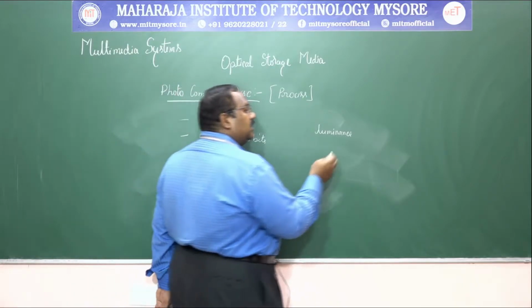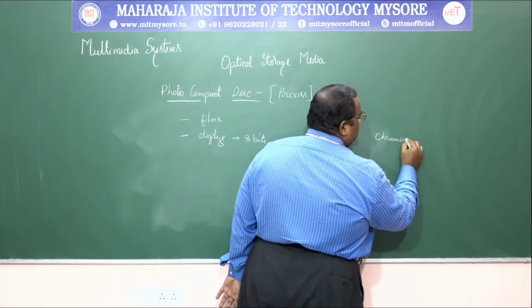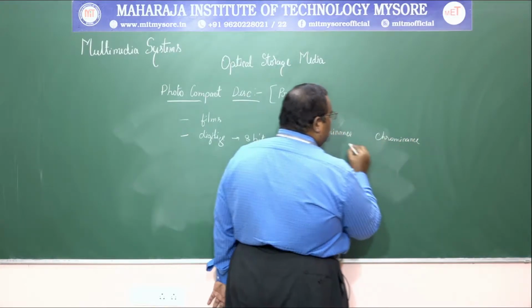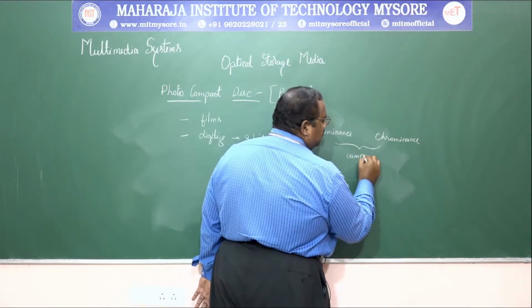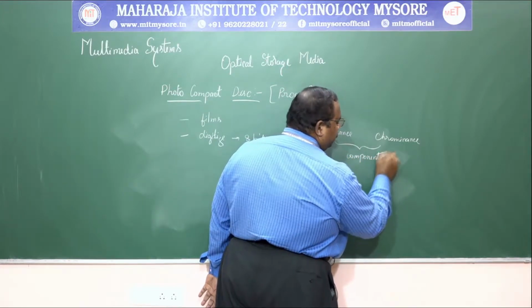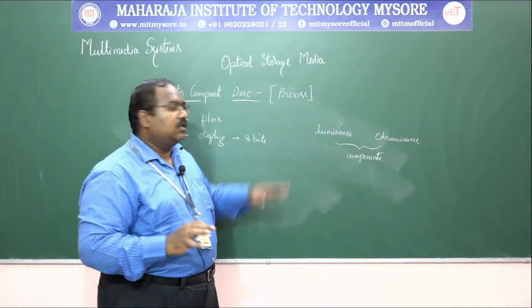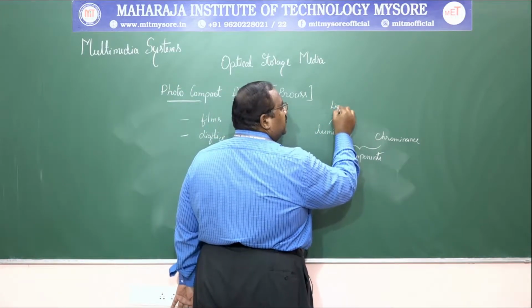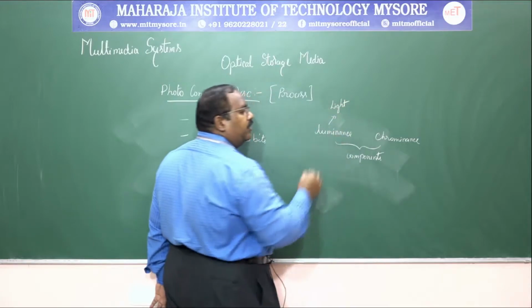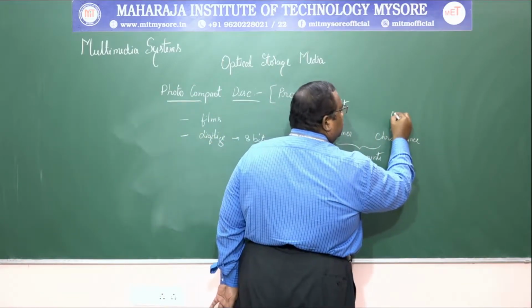One is the luminance and the second is chrominance. These two are very important components with respect to photographs. Luminance is about the light, and chrominance is about the color.